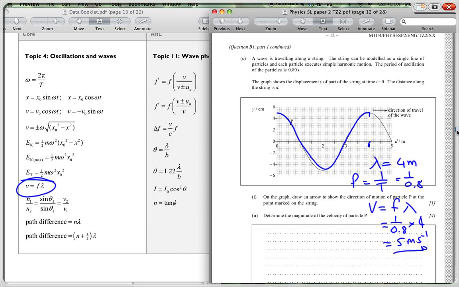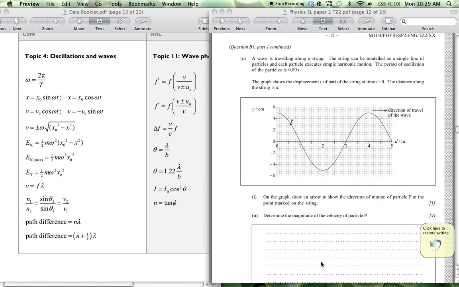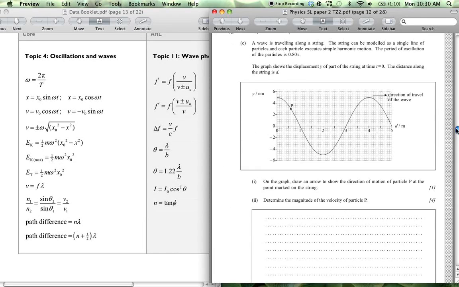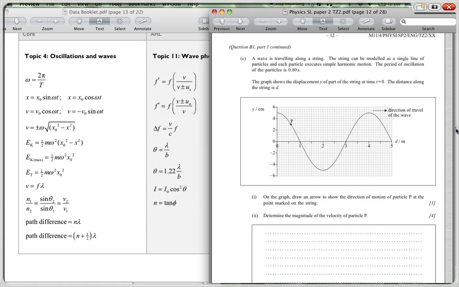And finally, for the last question, we're going to need to come back to this graph again, but let's just read it. On the graph opposite, label with the letter X the position of particle P at time equal to 0.4 seconds. So we're wondering what's going to happen to that P there.